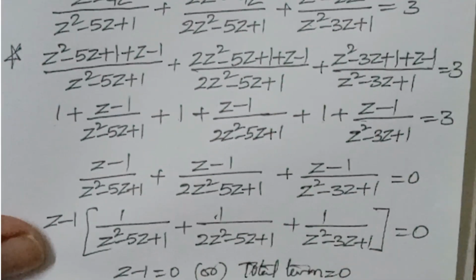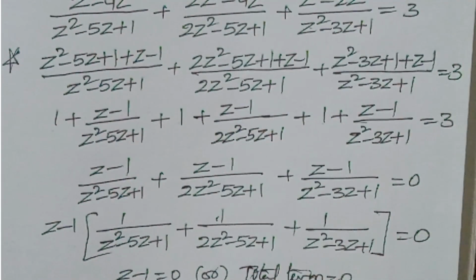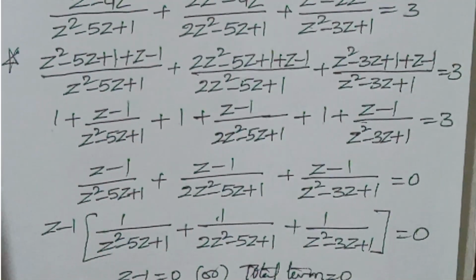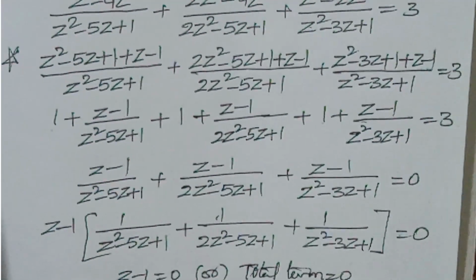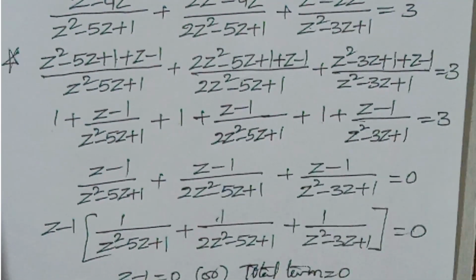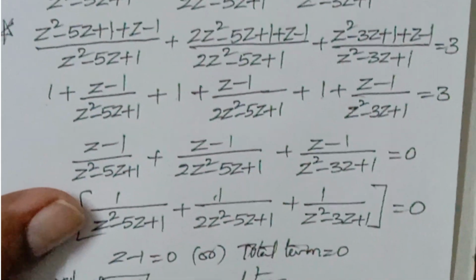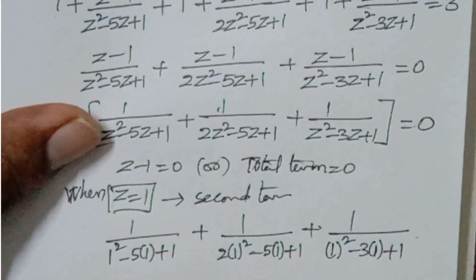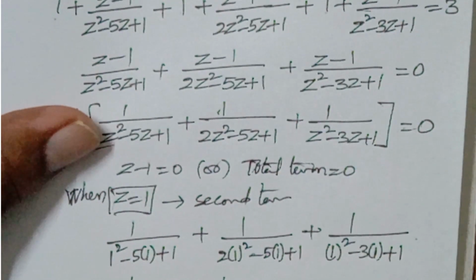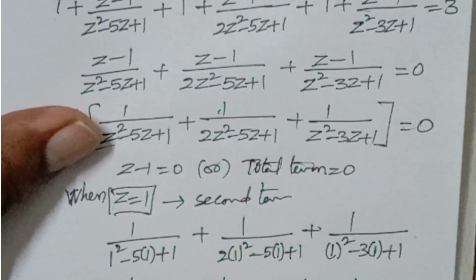What will we get? 1/(1² − 5·1 + 1), 1/(2·1² − 5·1 + 1), 1/(1² − 3·1 + 1). So here you'll get 1/(1 − 5 + 1), 1/(2 − 5 + 1), 1/(1 − 3 + 1). Mod is given.